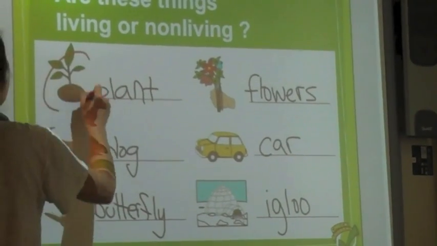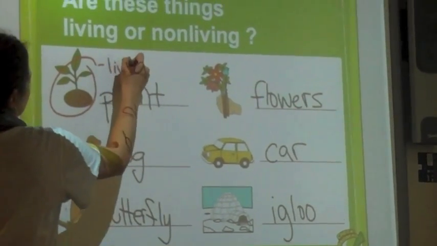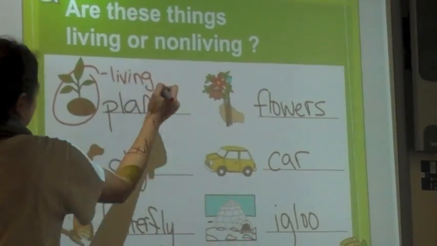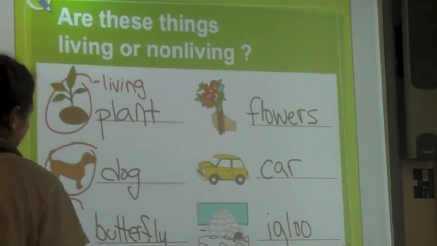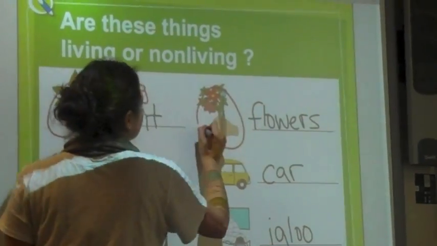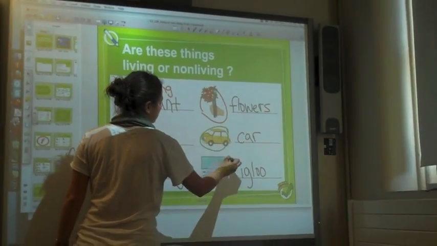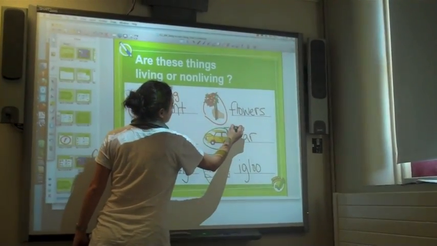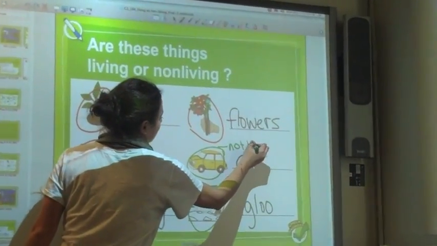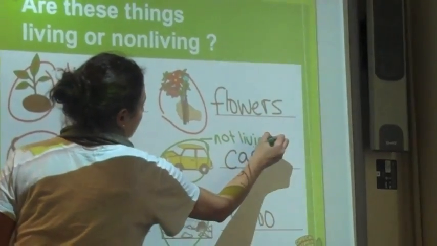A plant is living, so we're going to circle that in red. A dog is also living, so is a butterfly and flowers. The car and the igloo are items that are non-living, which I wrote in green.